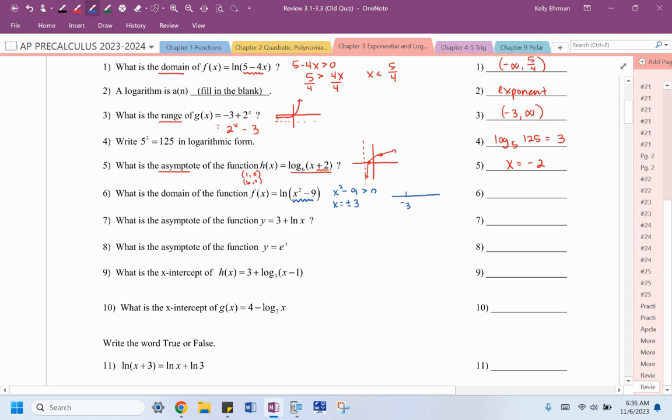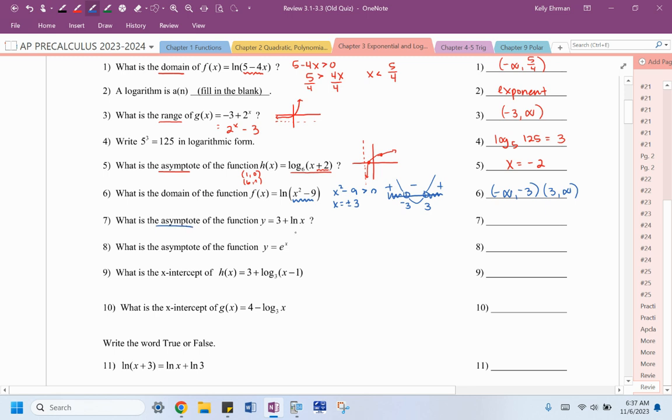We put them on a number line. And we either think about the graph of x squared minus 9, or we test 3 numbers. Remember, the graph is the easiest thing to do for quadratics because it's just a parabola, so plus, minus, plus. And we want the positive sections. So this domain is -infinity to -3 and 3 to infinity.